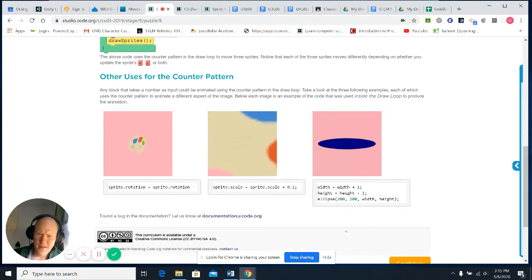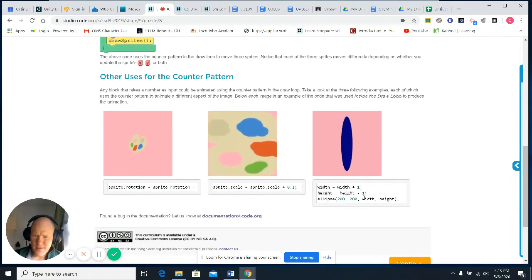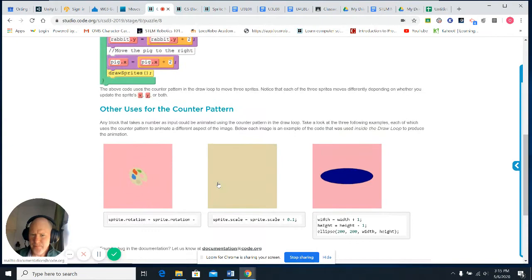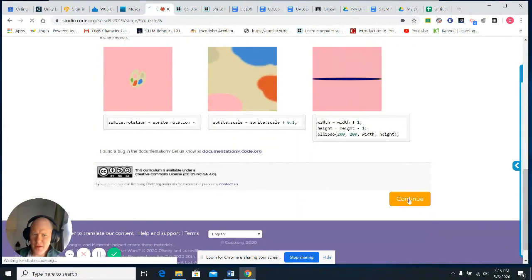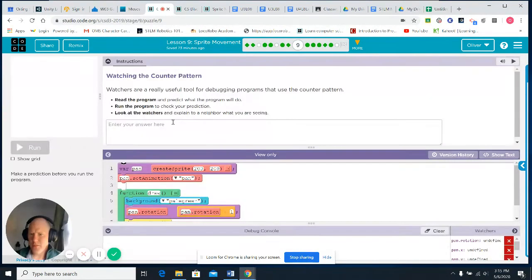And then the width: width equals width plus 1, height equals height minus 1. It all started with 200, 200 for height and width. So those are variables there. These are some things that can happen. Read over that. It's pretty informative.